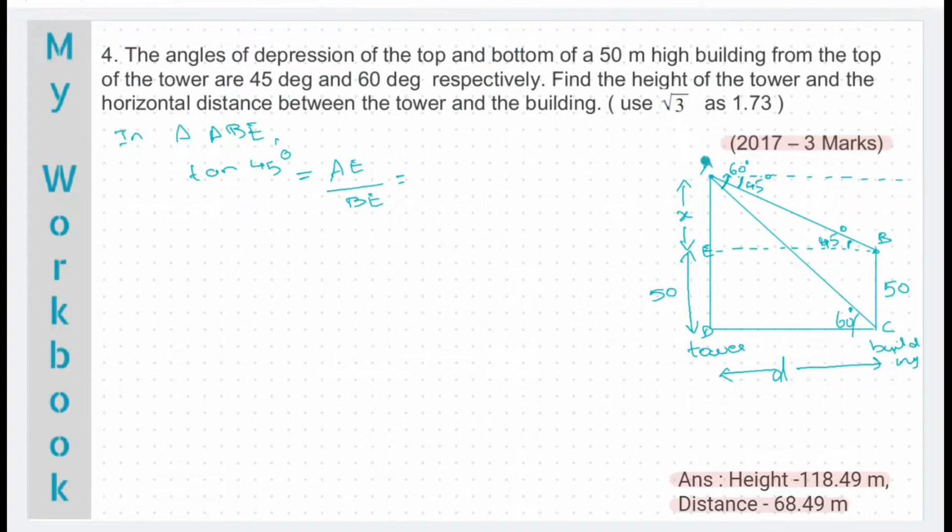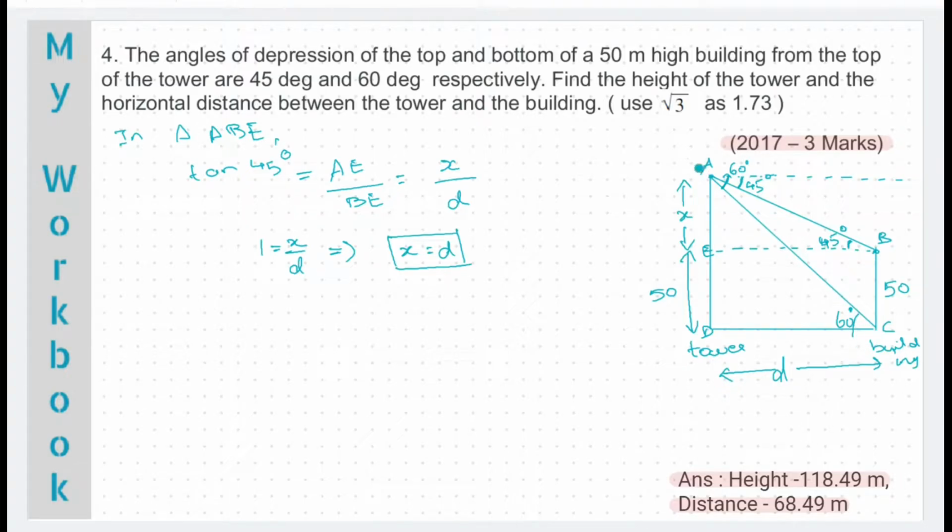AE is, we have assumed it to be x, and BE is same as the distance between the tower and the building, which we have taken as d. And we know that tan of 45 is 1. So 1 is equal to x by d, which implies x is equal to d. So this small length and the distance between the tower and the building is same.